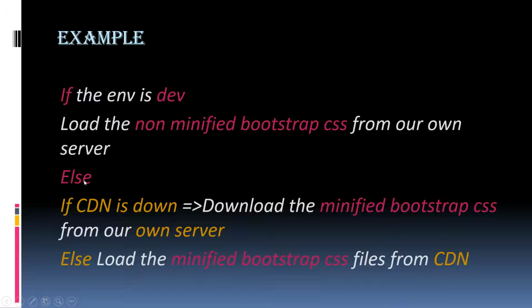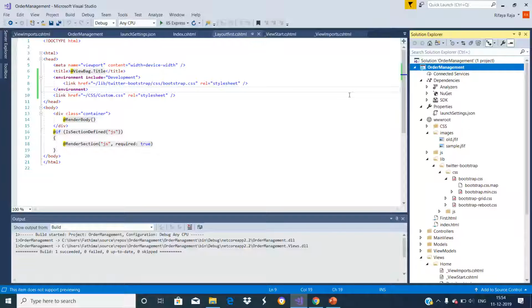Suppose our application environment is staging or production, then we need to download the minified Bootstrap CSS files from Content Delivery Network, that is CDN. If the CDN is down, then we need to download the minified Bootstrap CSS files from our own server itself. Let us achieve this in our application.